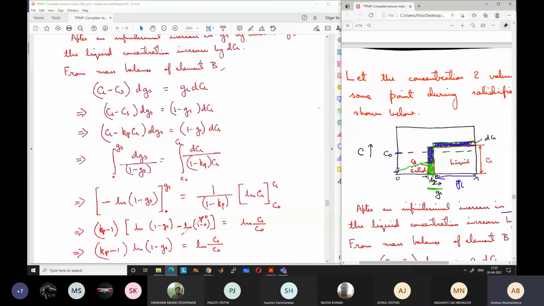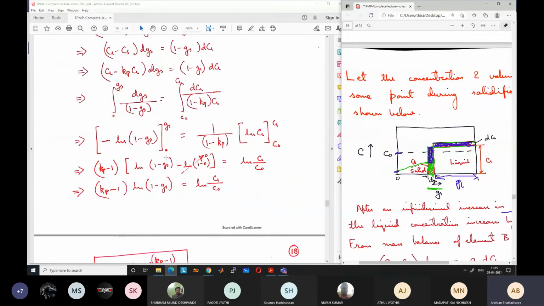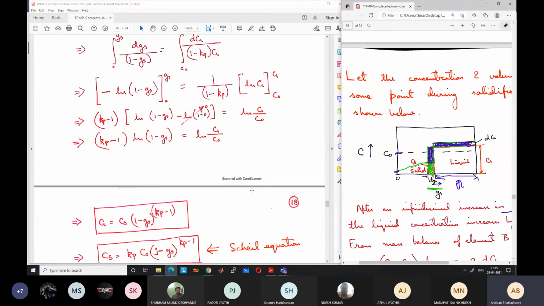So integrating this, we get minus ln (1 minus Gs) going from 0 to Gs is equal to 1 by (1 minus Kp) ln Cl going from C0 to Cl. So after some rearrangement, you get, Kp minus 1, you take this to the other side, (Kp minus 1) ln (1 minus Gs) minus ln 1, which is 0, is equal to ln (Cl by C0), or (Kp minus 1) ln (1 minus Gs) is equal to ln (Cl by C0).